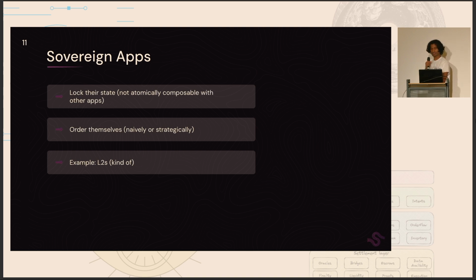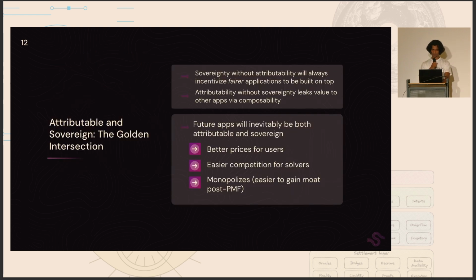A good example mental model for this is L2s, right? I would say a lot of L2 builders would cringe at the fact that they're being called apps, but the idea is that they are not composable with other apps, other L2s. They sequence themselves, they have sovereignty over their sequencing, and they post state roots to the L1 for settlement there.